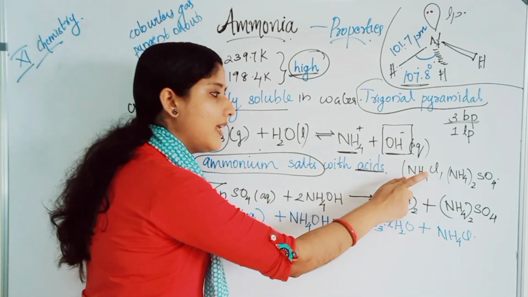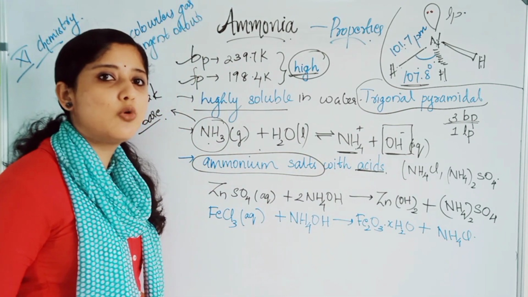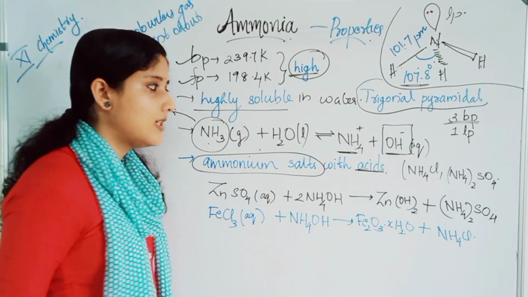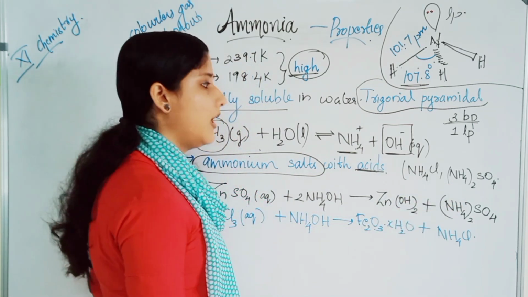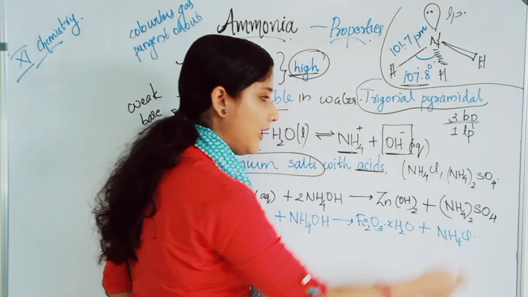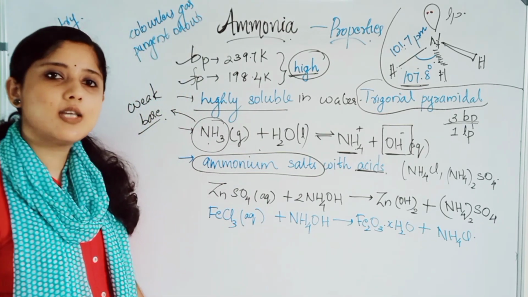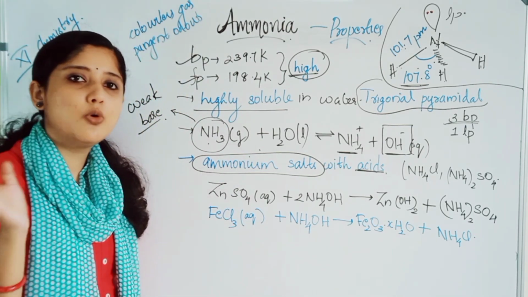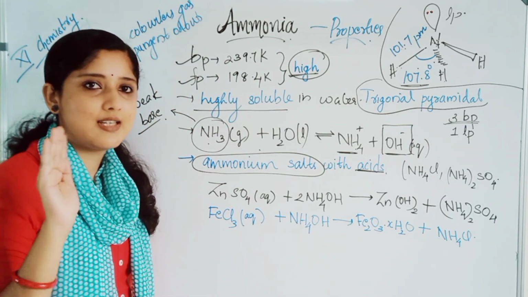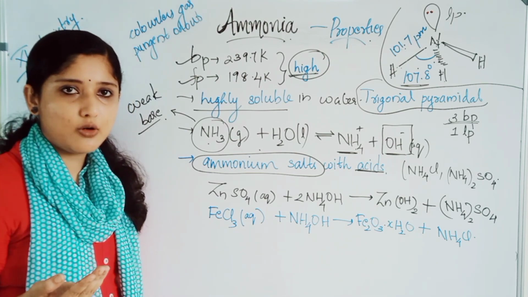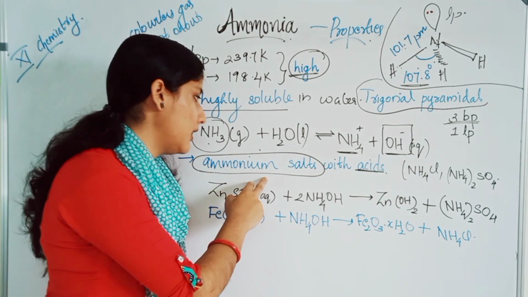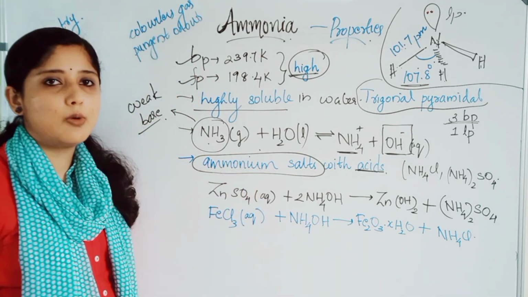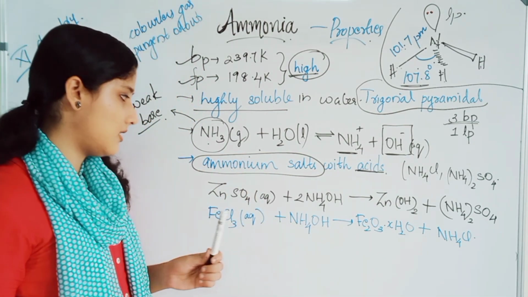When ammonia reacts with HCl you will get ammonium chloride, NH4Cl. Similarly, when ammonia reacts with sulfuric acid you will obtain ammonium sulfate. That is, ammonium salts are obtained when ammonia reacts with acids like hydrochloric acid, sulfuric acid, etc. This is one of the important points.